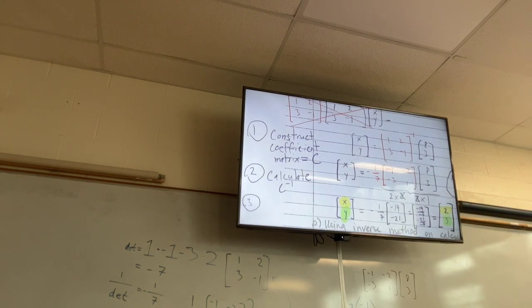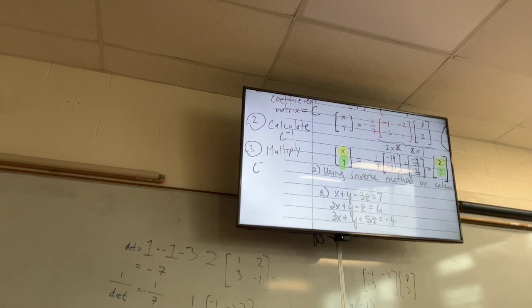Step 3, multiply C inverse times the numbers on the right. The top number is X, the bottom number is Y.